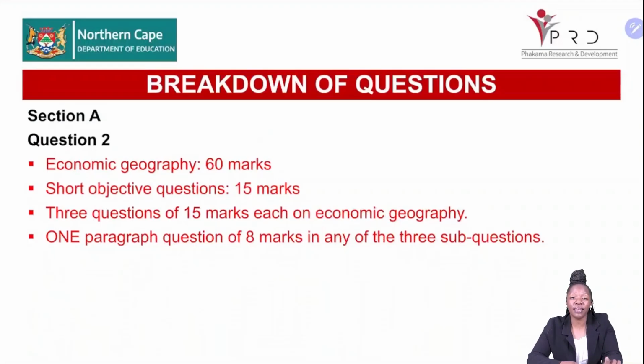Then after you are done with your short objective questions, you will move to your long questions, which are figure 2.3, 2.4, and 2.5. So amongst those 3 figures, again, you will have your long question, which is a paragraph question. Then remember, your question 1 totals 60 marks, and your question 2 totals 60 marks again.